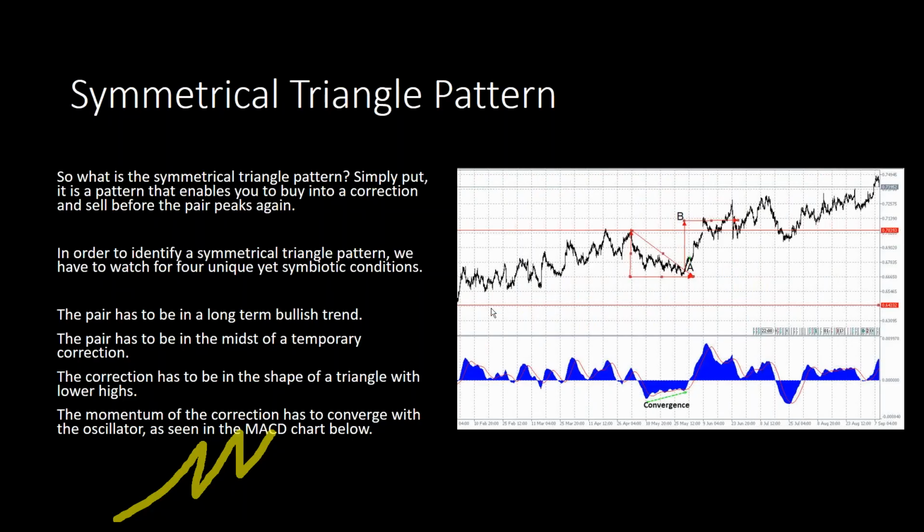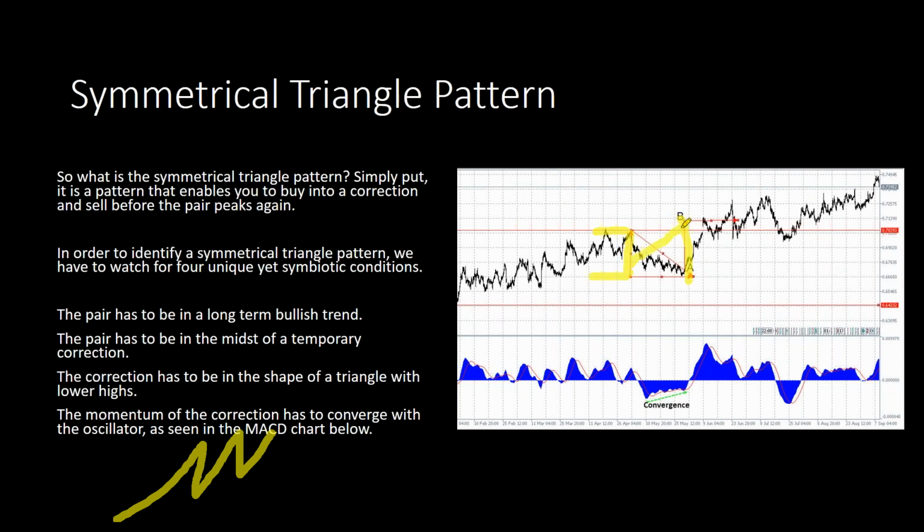A symmetrical pattern is a pattern that develops in a chart in these movements, and it's when we have a very nice confirmed retracement that forms a triangle, and then we get the breakout, and we can actually measure the break, because the breakout momentum should be equal to the height of the triangle.